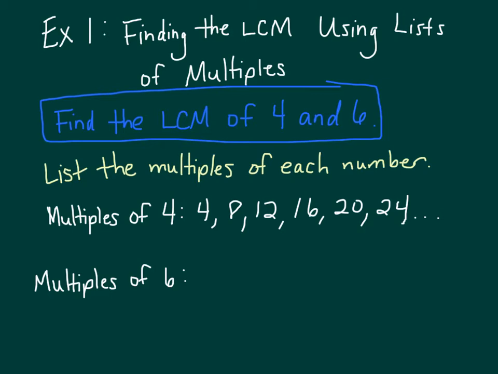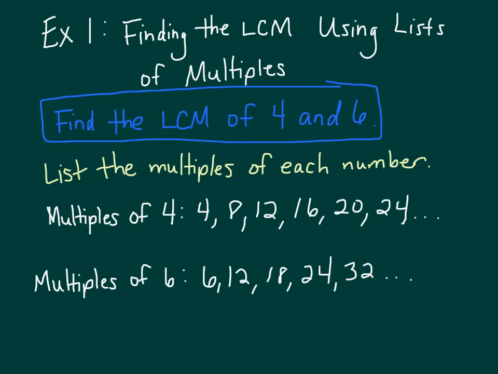So at the end, we put dot, dot, dot to remind us that the list can continue on. I usually start with a few multiples at a time, about 6 to begin with. Anywhere between 5 and 10 is a good starting list. Then we do the same thing for the multiples of 6: 6, 12, 18, 24, 30, and dot, dot, dot.